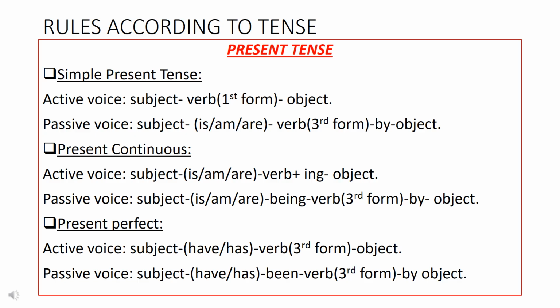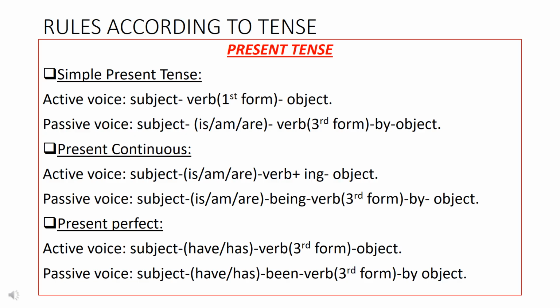You can see the subject, the verb first form and the object. The object is transformed into the subject, and then we have to use a be verb, which is is, am or are according to the subject, then the third form of the verb, and then "by" is placed here, and the subject of the active voice is transformed here as the object of the passive voice.